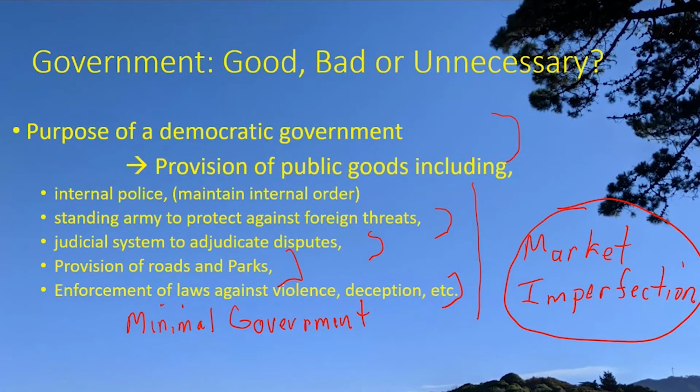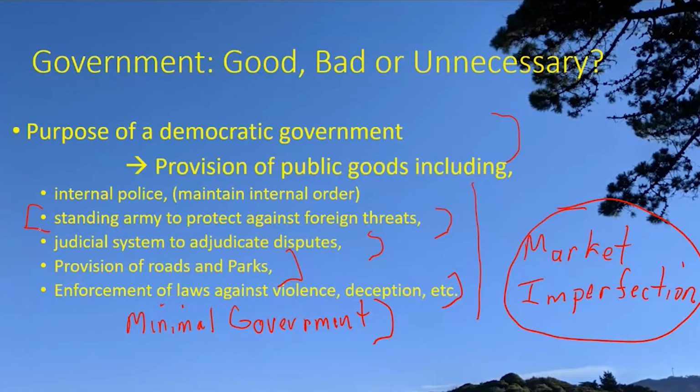Most people who are staunch free market advocates will nevertheless argue that a minimal government is still necessary. And when you inquire further, well, what does minimal government require? What does it consist of? Right here, this list of things, this provision of standard public goods is what most people will have in mind as being the true role of government.